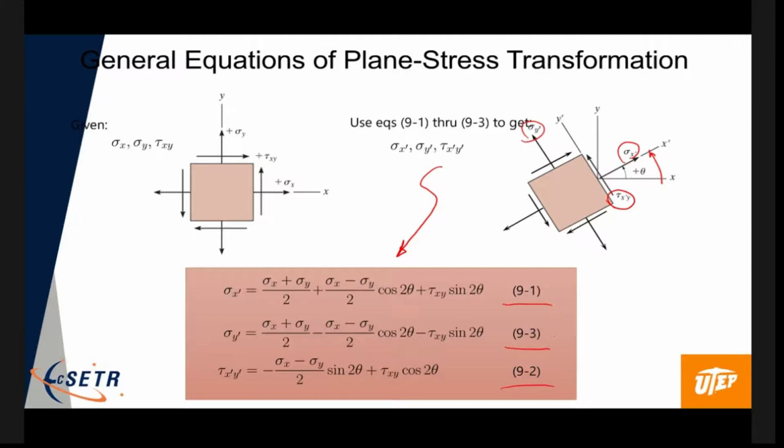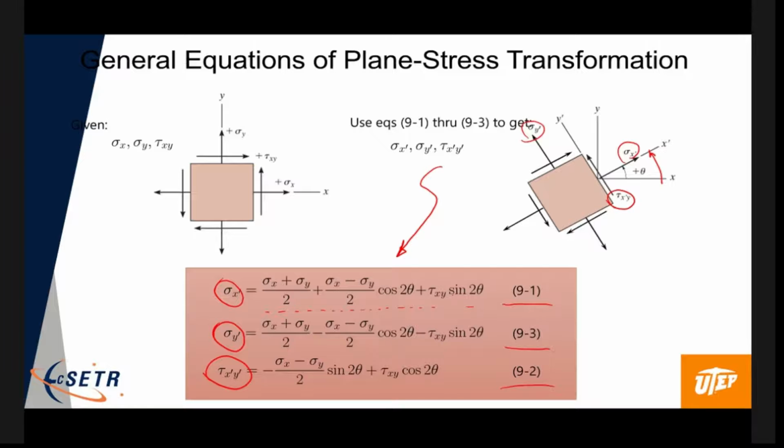And so what do we have here? There's a little bit of manipulation because there's a half angle theorem that goes in there. But what do you got? On the left side, we have the things that we want, the stresses in the new coordinate system, sigma x prime, sigma y prime, tau x prime y prime. On the right-hand side, it's in terms of all the stuff we know or the stuff that's in the prior stress state.